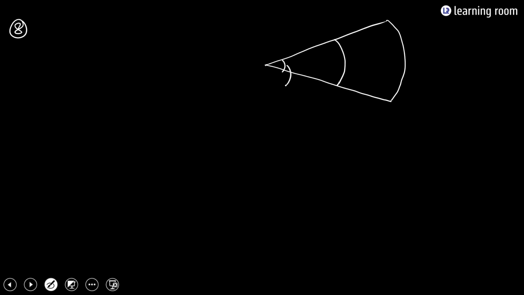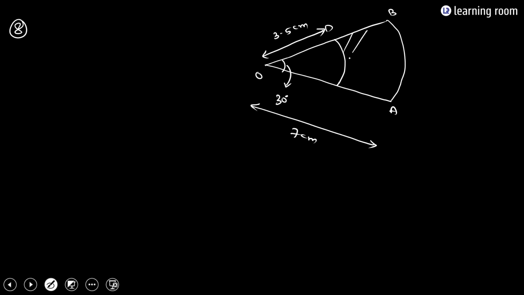So this is going to be 30 degrees. This is ODB. This is 3.5 centimeter. OA is 7 centimeter, and this is going to be the shaded region.